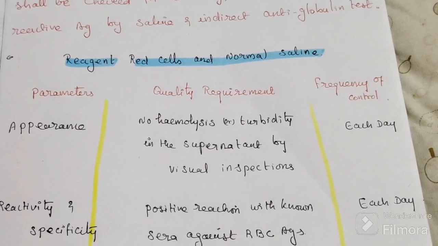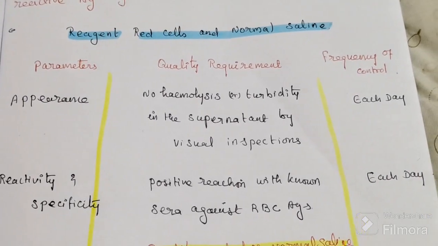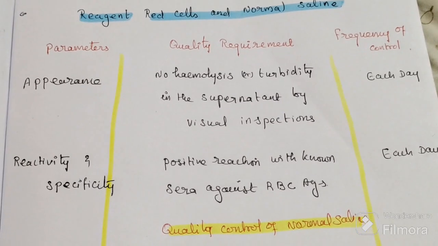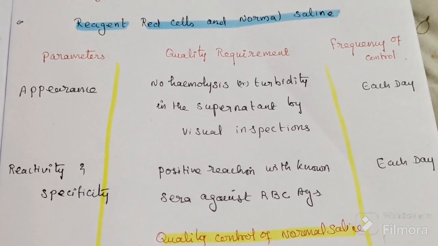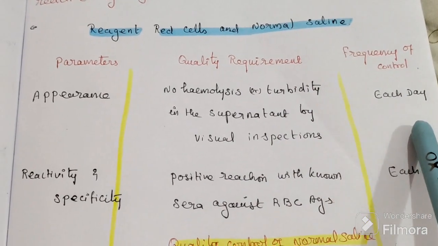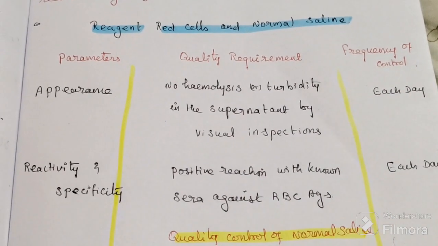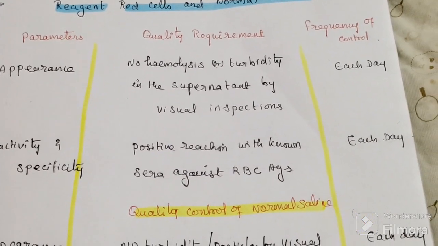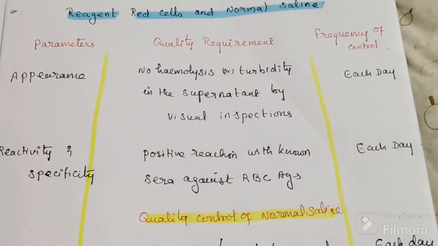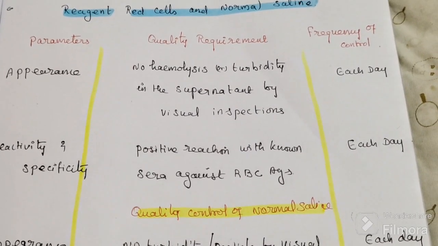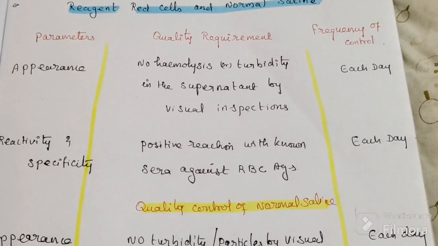Reagent red cell and normal saline parameters, quality control, frequency of control. Appearance: no hemolysis, frequency daily, each day. Reactivity and specificity: positive reaction with known sera against RBC antigen. Quality control of normal saline each day.